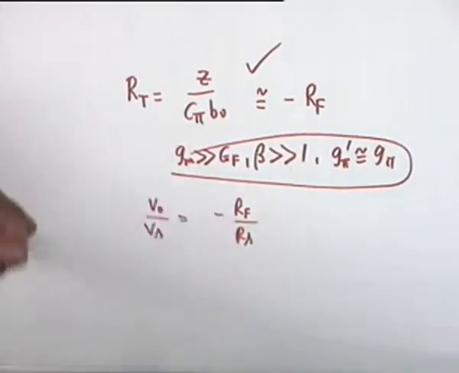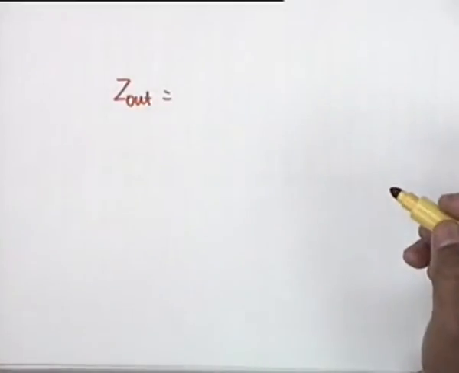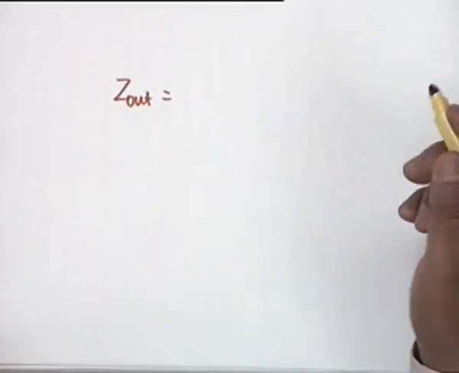Last time we also derived an expression for the output impedance Z out. Z out is to be obtained by open circuiting I sub s, connecting a voltage generator at the output without RL.